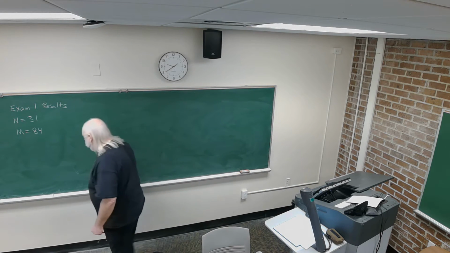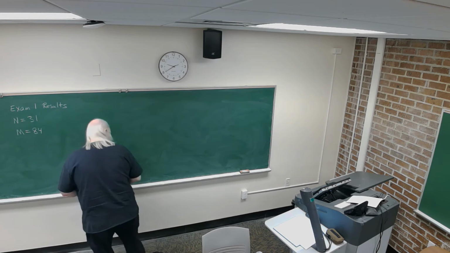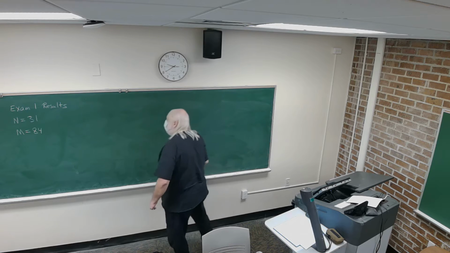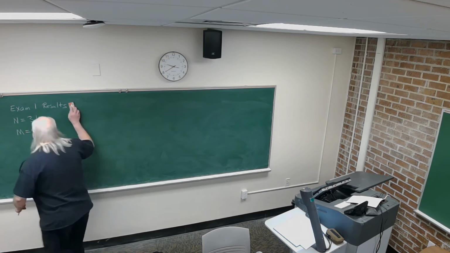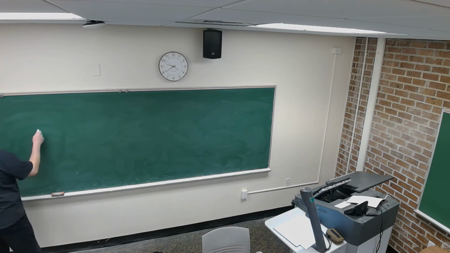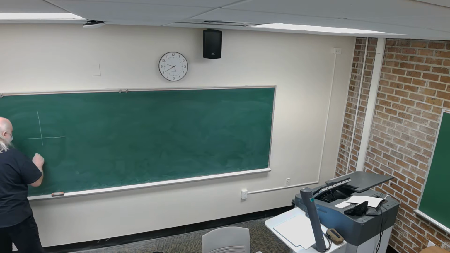So yesterday we were using the squaring function when we talked about vertical shifts. We'll do the same thing with horizontal shifts. So here's the graph of y equals x squared, the squaring function.